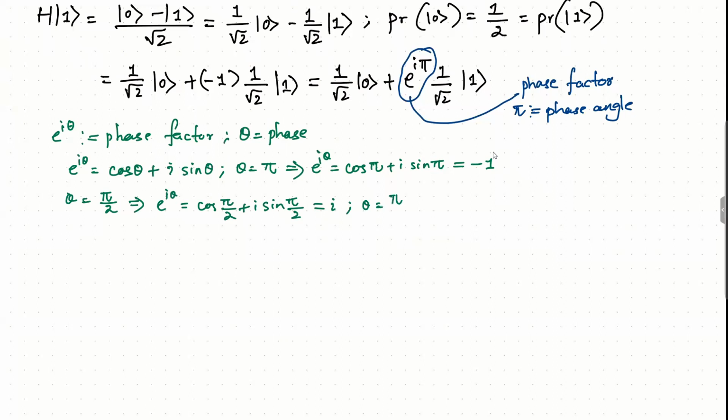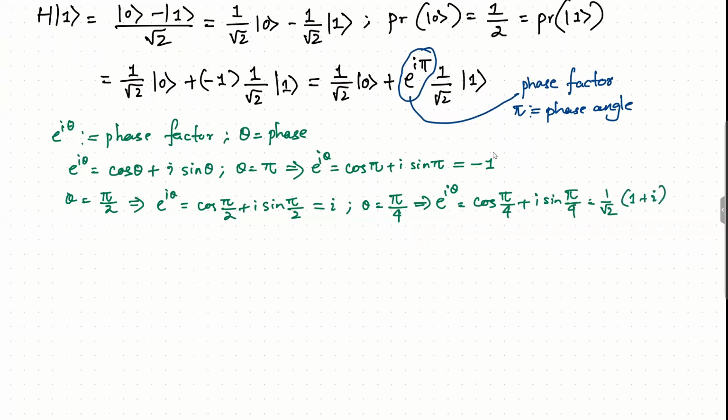And one last angle could be theta equals pi by 4. This would result in e power i theta equals cos pi over 4 plus i sine pi over 4. We know cos pi over 4 is 1 by root 2, as well as sine pi by 4. So this becomes 1 by root 2 times 1 plus i.